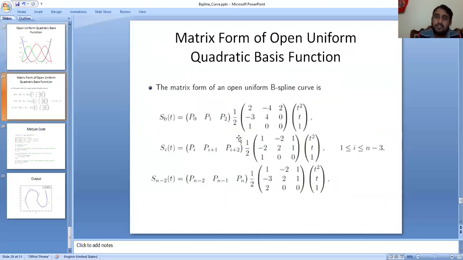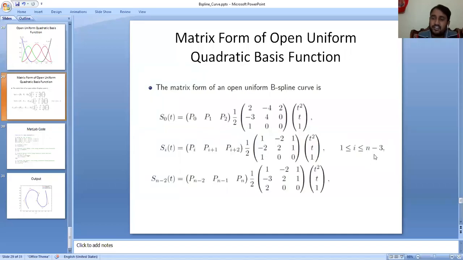So what will be the formula? The matrix representation of the B-spline, i is in between 2 to n minus 3, sorry, 2 to n minus 3.